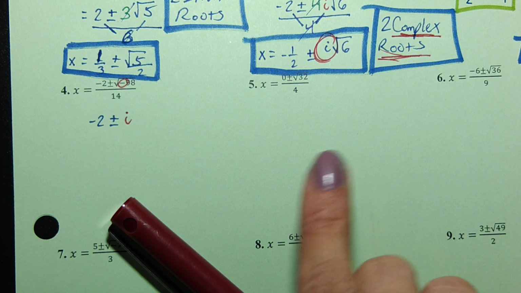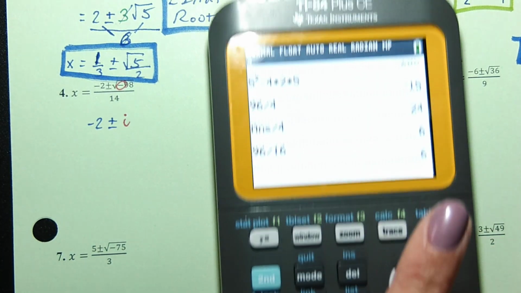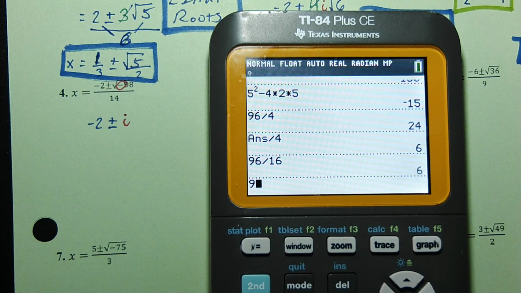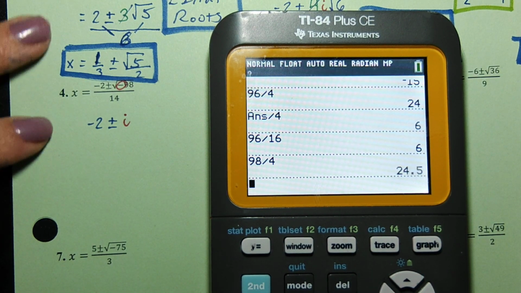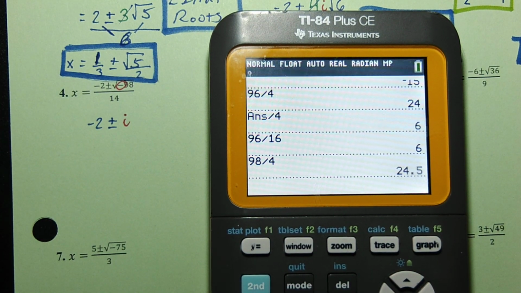Now, 98 is even, so you might try to divide it by 4 first. 98 divided by 4, that's a no-go. It is even if I divide it by 2, which 2 is not a perfect square. We see that its perfect square factor is 49.